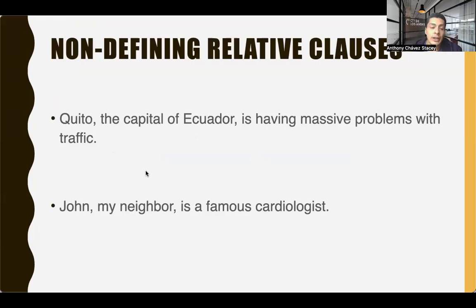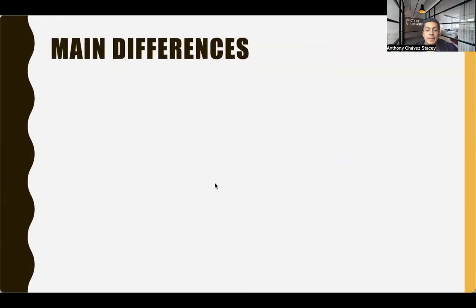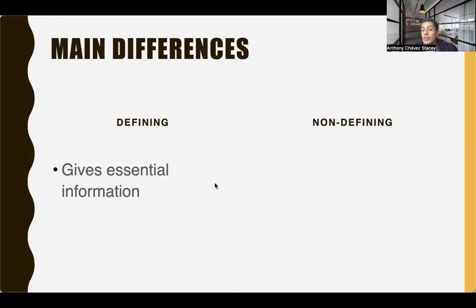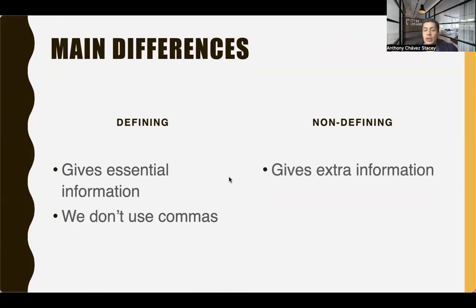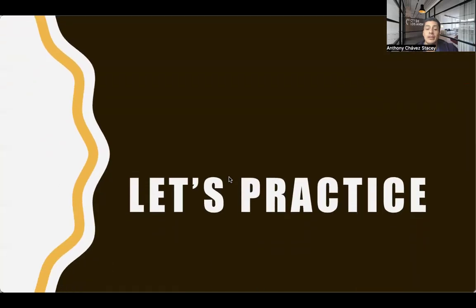You tend to add information here. I'm not saying that it's not important. I mean that if you take it out, the sentence will keep its meaning. As simple as that. The main difference, as you can see: defining relative clauses give essential information, we don't use commas. Non-defining relative clauses give extra information, and here we do use commas. Let's practice.